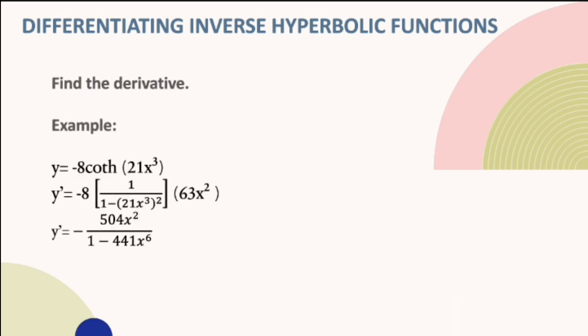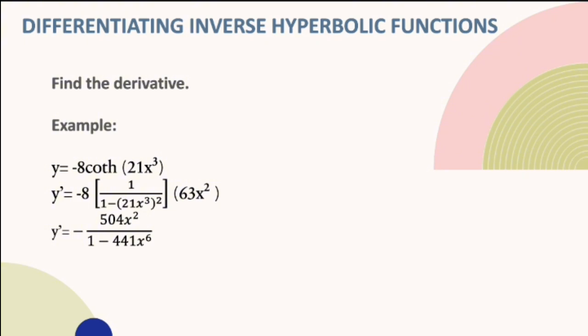So we have here an example. Find the derivative of y equals -8 arc cot 21 x cubed. Y prime equals -8 times 1 over 1 minus (21 x cubed) squared, times 63 x squared.